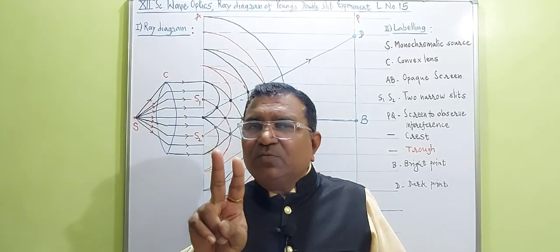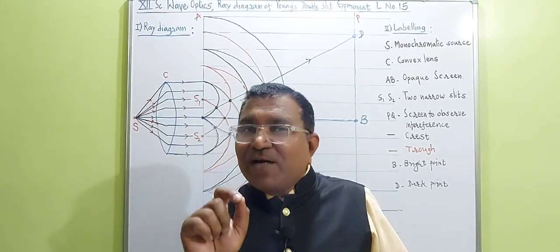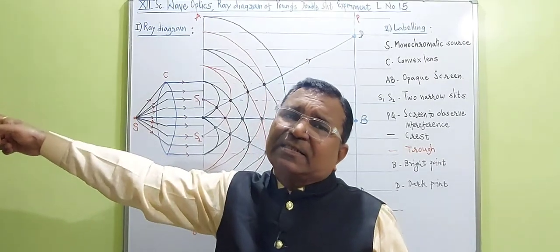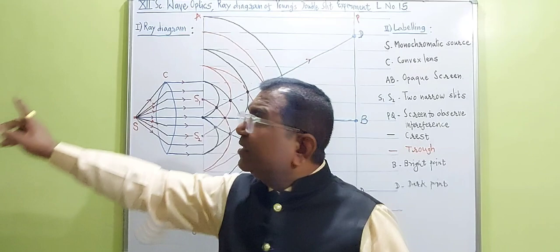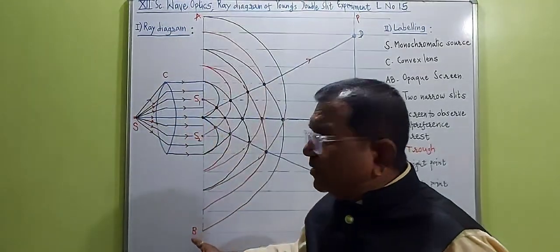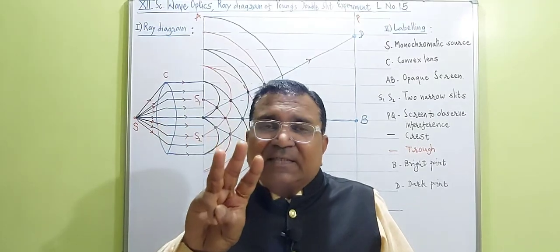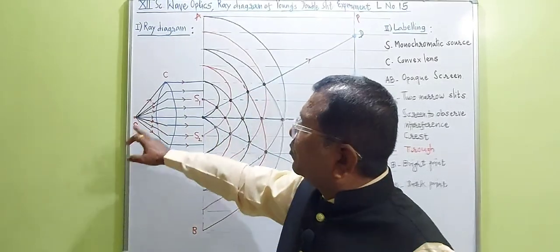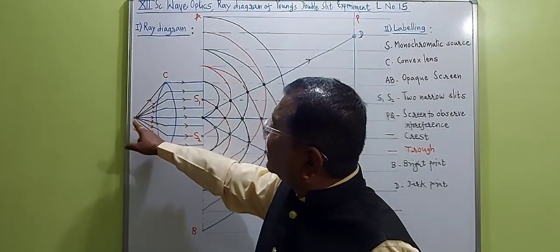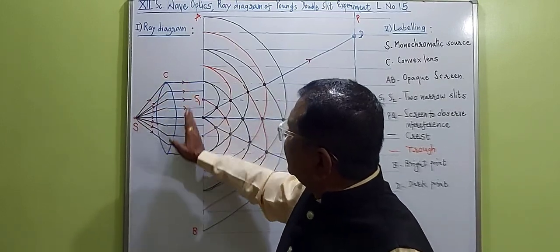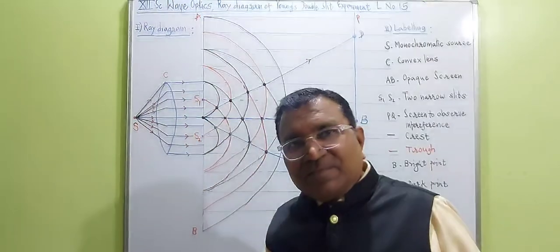Sentence number 2: either the point source S is placed at infinite distance or far away from the AB screen. Third sentence: or this point source is placed at the focus of the convex lens so as to get a plane wavefront.